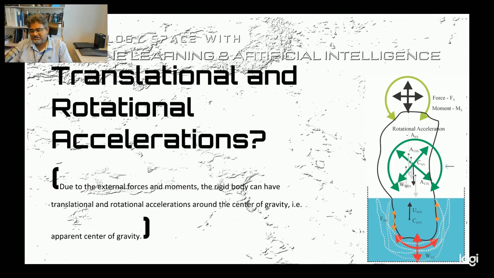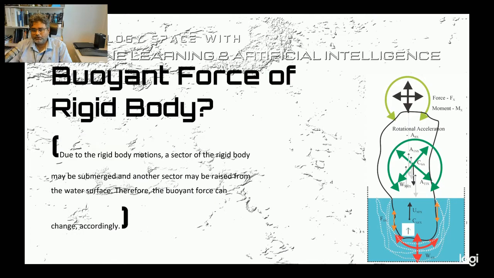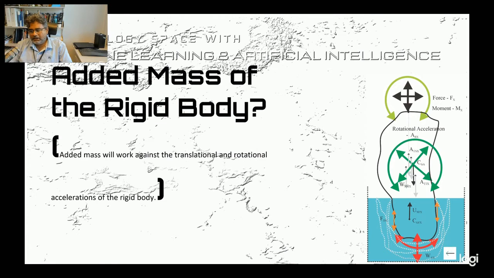The other forces, like the buoyant force, the added mass, as well as the drag force, could vary according to these acceleration conditions. For the buoyant force, as we have discussed previously, in some situations some part of the rigid body can submerge while another part may be raised from the water surface. Due to this effect, the buoyant force changes accordingly.